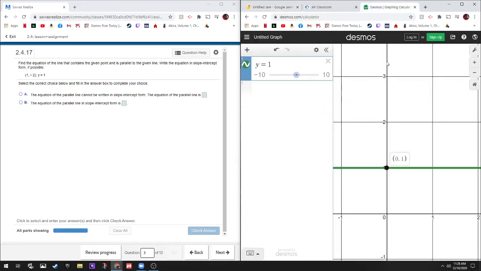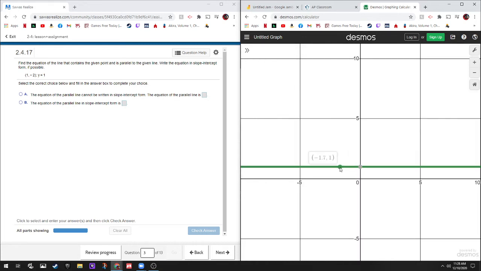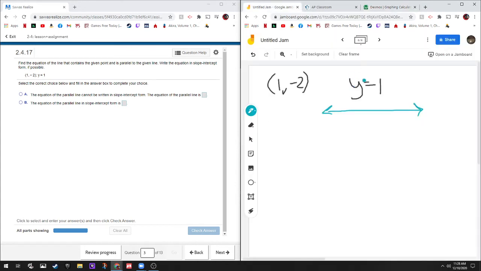The reason for that is, as I drag my point around, look what's going on here. What's staying the same along all these points? These are all different x values, but the y value is 1. And if we go back to the equation, it says the y value is always 1.